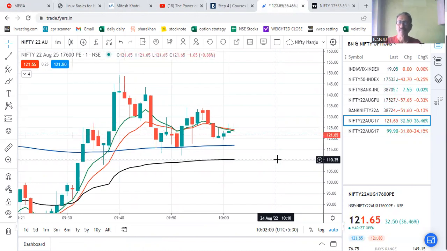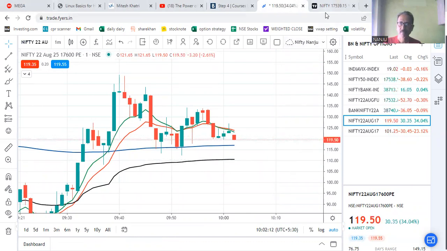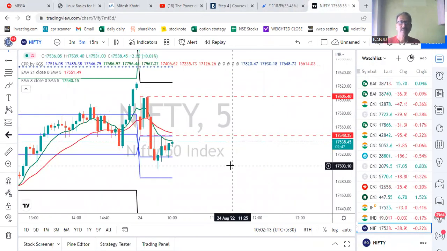If it is coming around 110, it will bounce back from 110, then that will be one of the criteria to enter the trade. My first criteria is 20 points range of the candle.